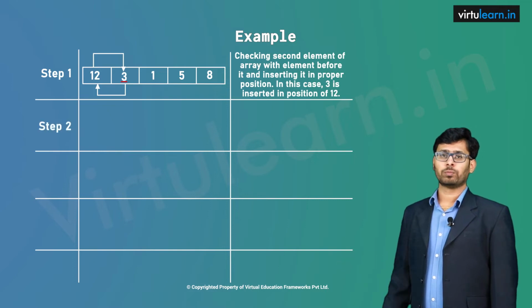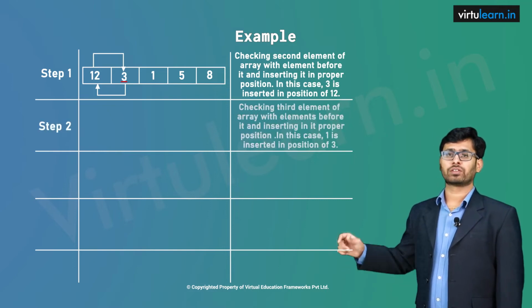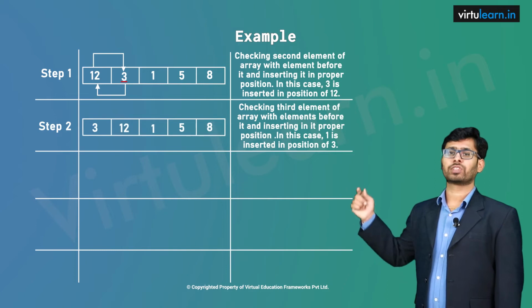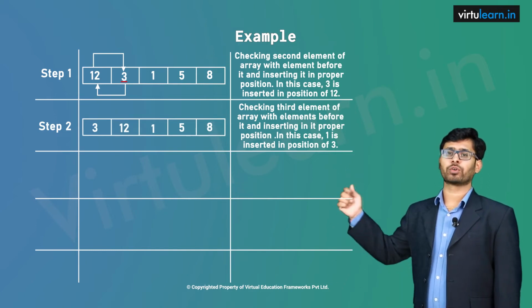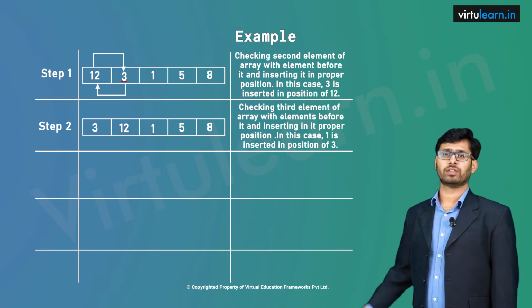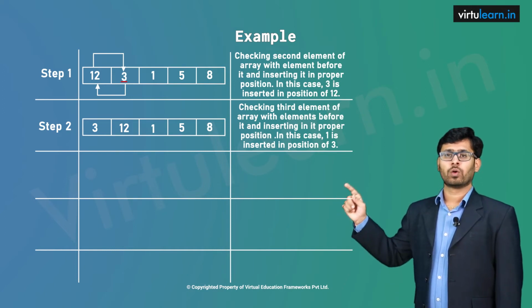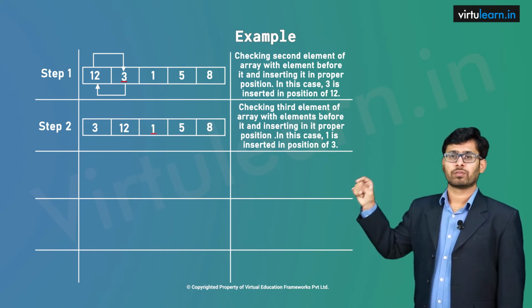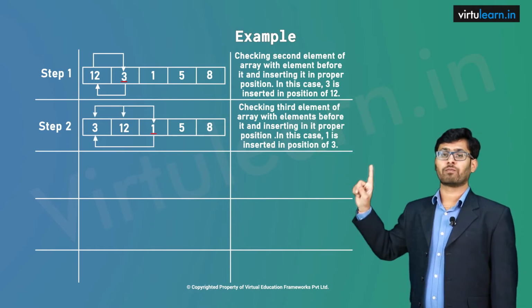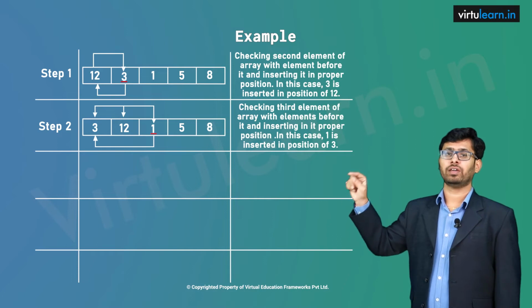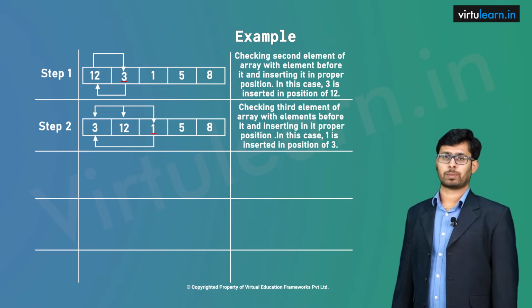Now in step 2, checking the third element of the array with the elements before it and inserting it in the proper position. In this case, the element 1 is inserted in the first location.